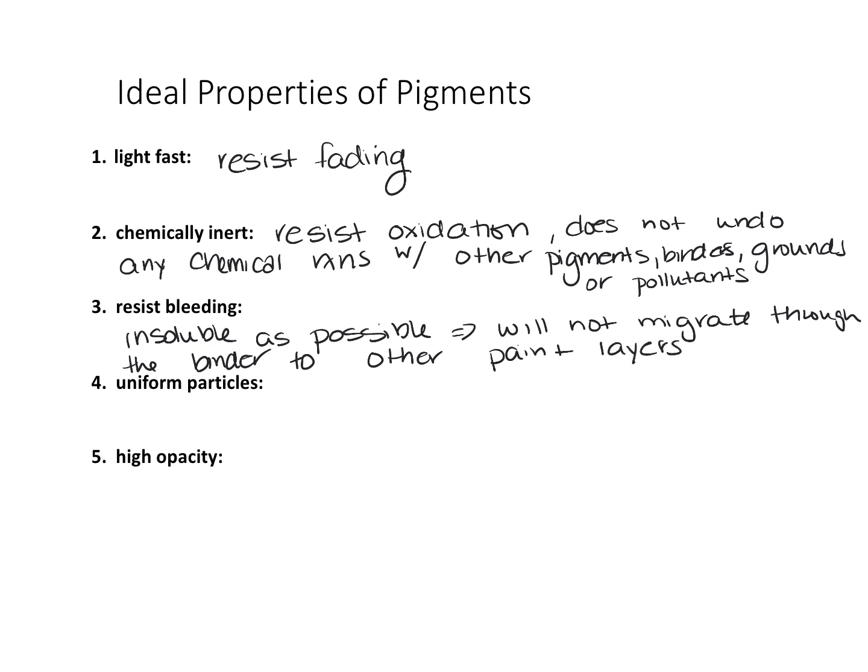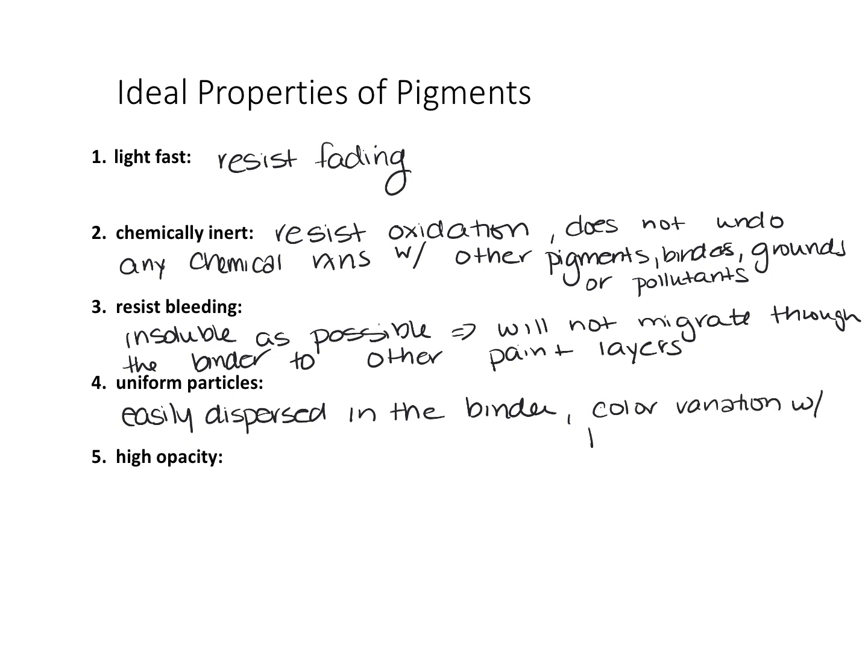Right. And then you want there to be uniform particles. You want this for a few reasons. One is so that it'll be easily dispersed in the binder. But then you also want uniform particles because there is color variation with particle size, okay?